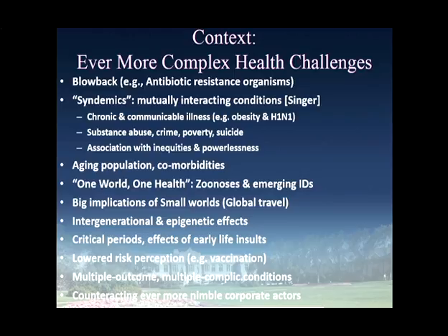An example of this would be substance abuse, violence, addictions, and HIV infection. Another one would be interactions between chronic and communicable diseases, say between obesity and H1N1, or likely between diabetes and tuberculosis.